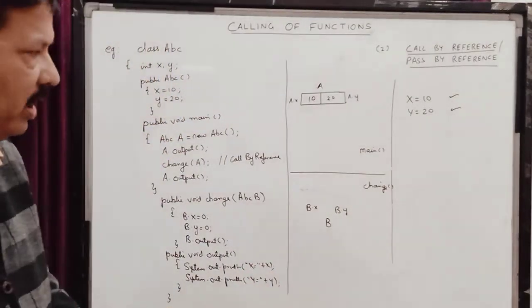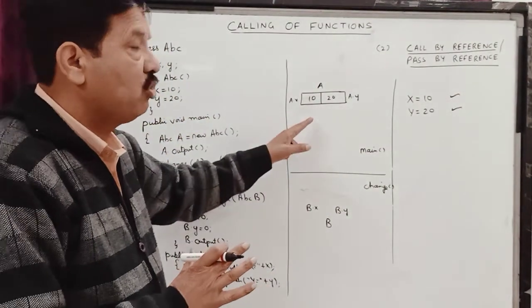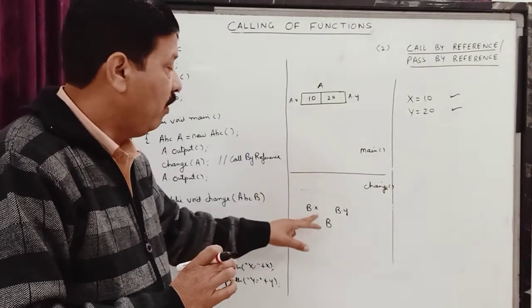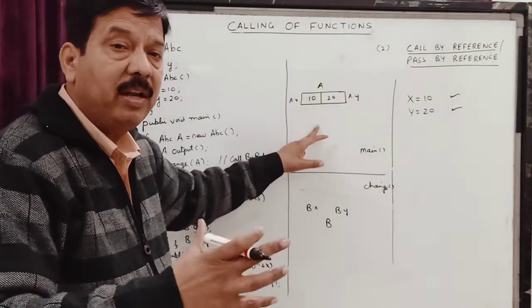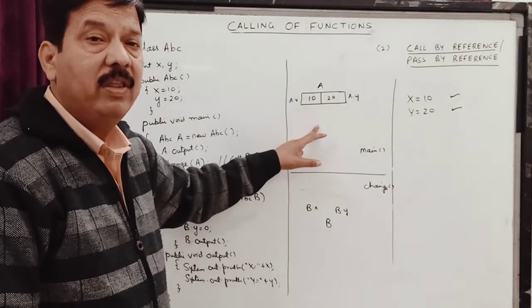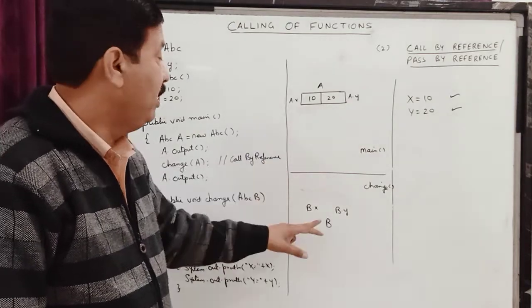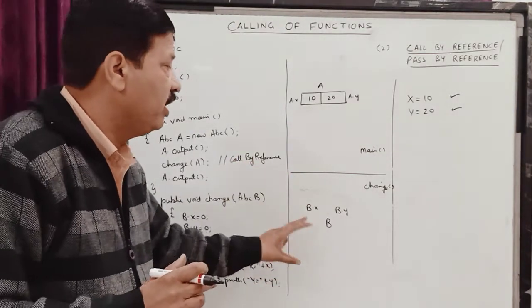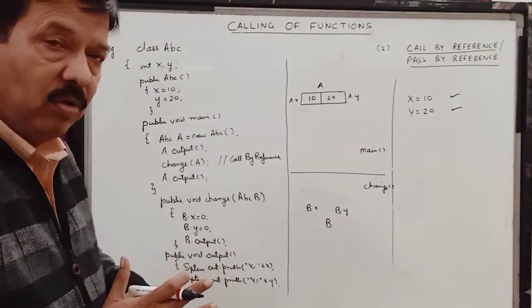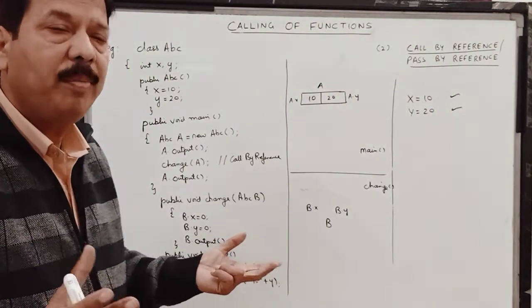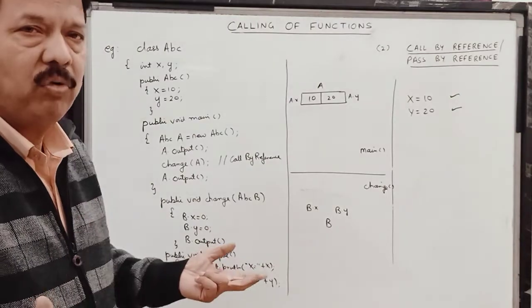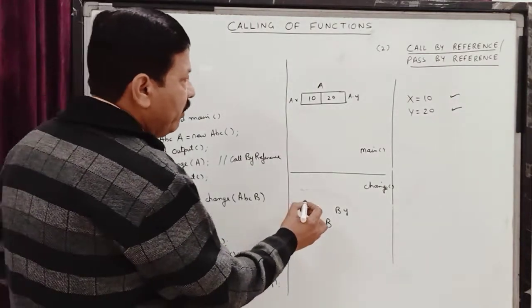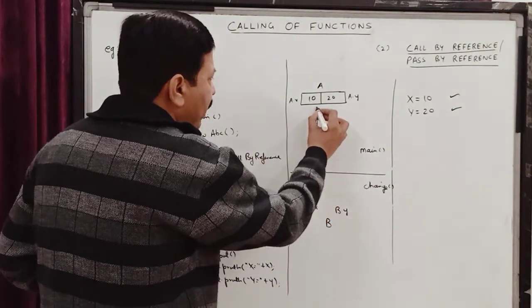Rather, the called function is using the actual parameter with a different name, that is, with the formal parameter. So this change function is not creating its own copy of the argument, it is using the same object with a different name.